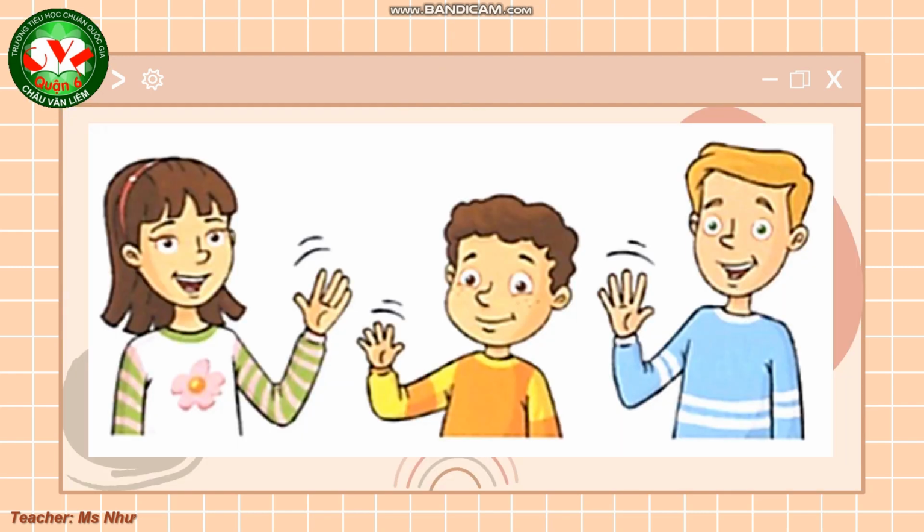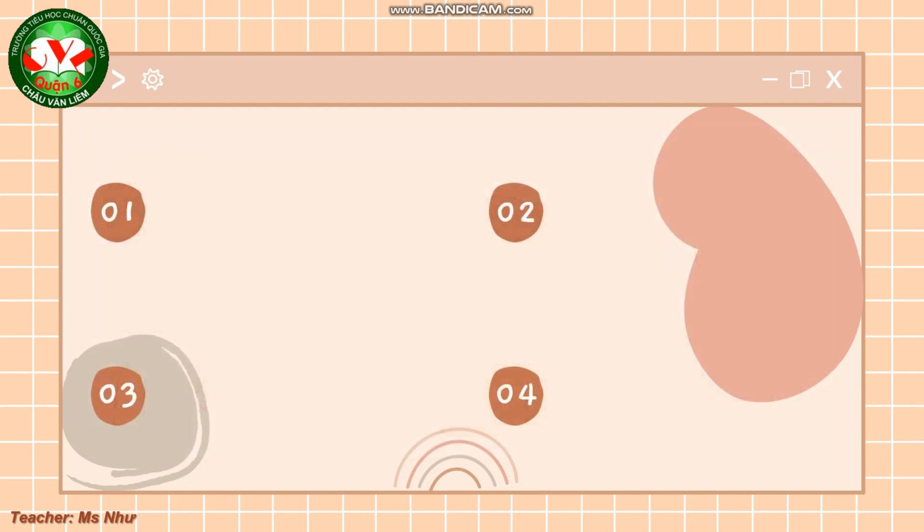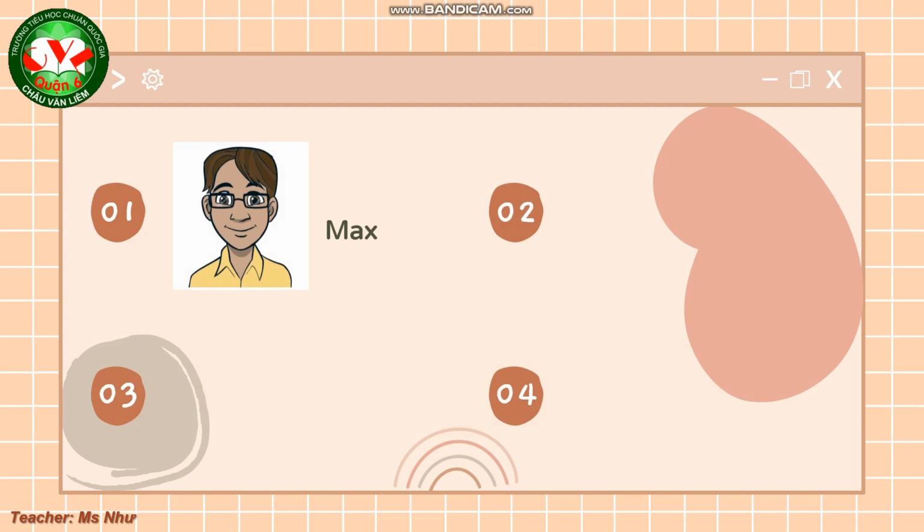In Family and Friends 4, we have to say goodbye to Rosie, Tim, and Billy. You will meet 4 new friends. Now, let's get to know them. First is a boy. His name is Max. Second is Max's sister.